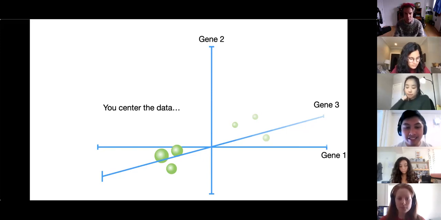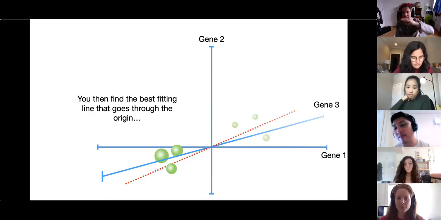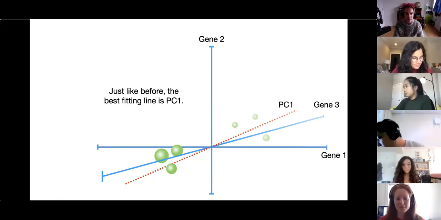Just like before, we center the data, and then we find the best fitting line that goes through the origin. We still have to go through that origin, but now we've got a little bit more wiggle room. Instead of just rotating like a clock, we can now rotate in 3-dimensional space, just like my crazy elbows doing it. Just like before, the best fitting line is PC1.